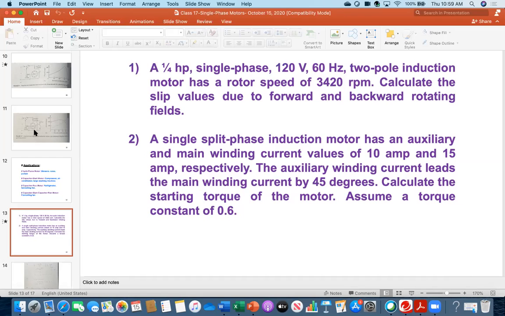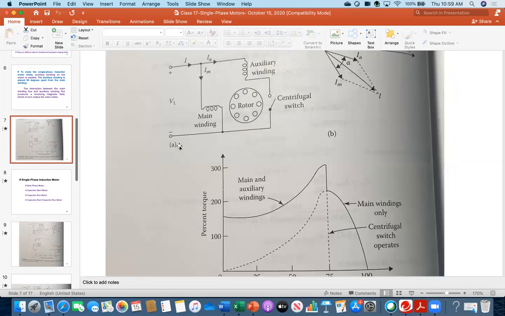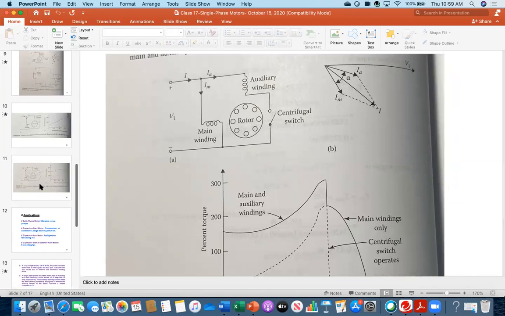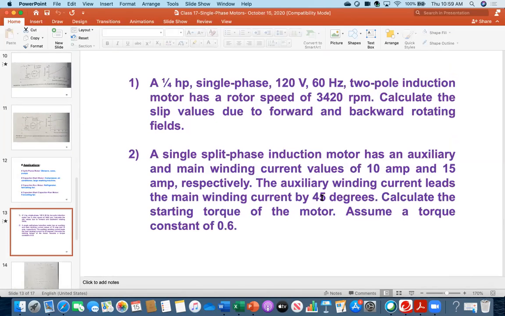This alpha is the split phase type that I was discussing, this one. Really the auxiliary winding current is leading Im by alpha, and in the problem we are discussing alpha is 45 degrees. So then calculate the torque value. Once again, T equal to K Ia multiplied by Im multiplied by sine of alpha.